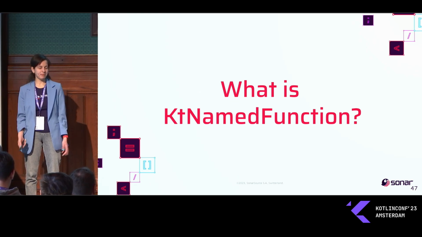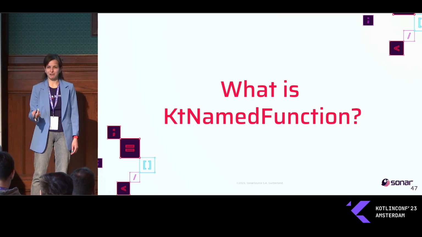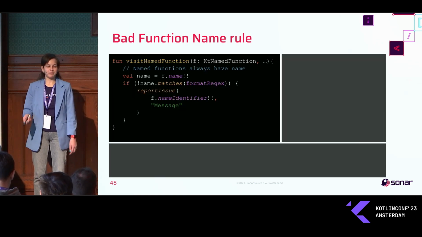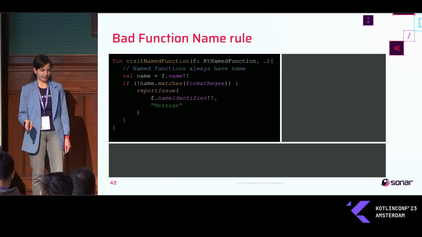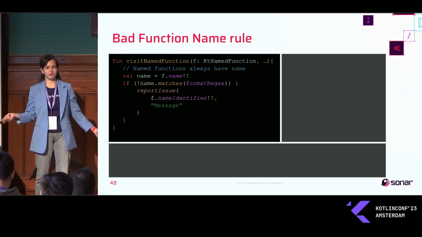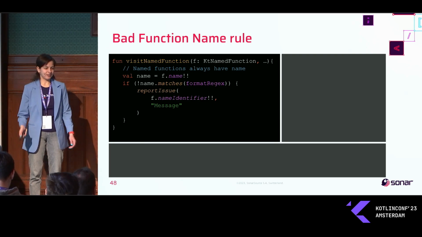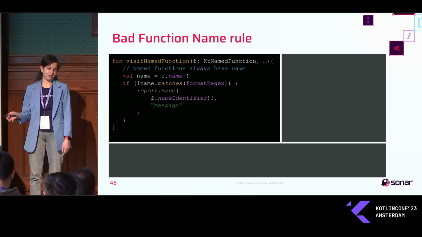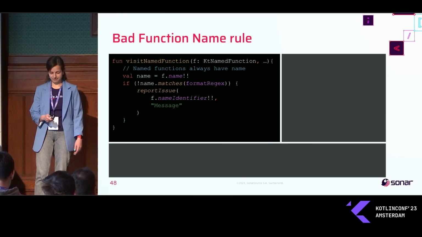We thought a named function is a function with a name. It's obvious, yeah? So when we implemented the function name rule, we said, okay, name is nullable for some reason, because it's a compiler and everything is nullable in the IDE. So let's just use a non-null assertion, and a named function always has a name, because that's obvious.